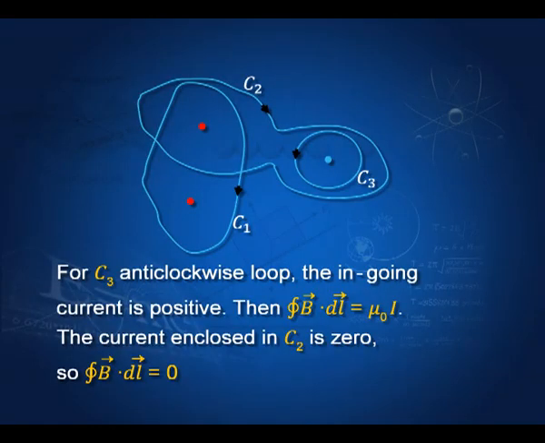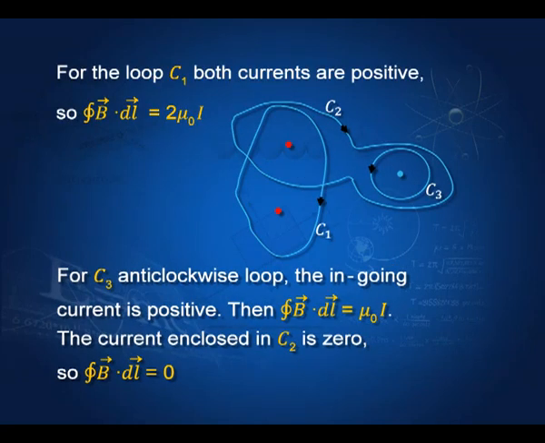Therefore, if I take loop C3, then the integral of B dot dl in that loop is equal to mu 0 times I. For the loop C1, this loop is clockwise, and therefore, the currents coming out of the plane are positive currents.